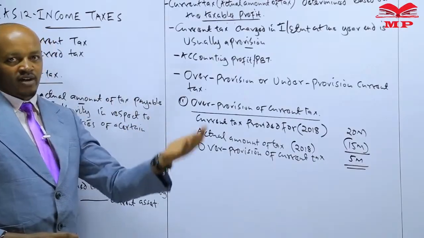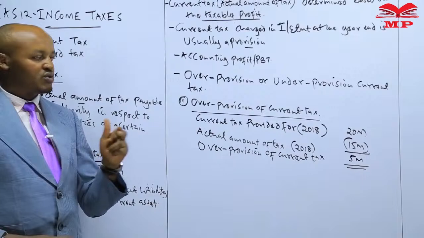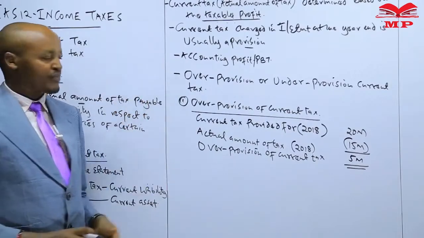Now this particular over provision of current tax, in terms of how we account for it, is supposed to be carried forward, and then it will be used in reducing the amount of tax which will be provided for in the next financial year.